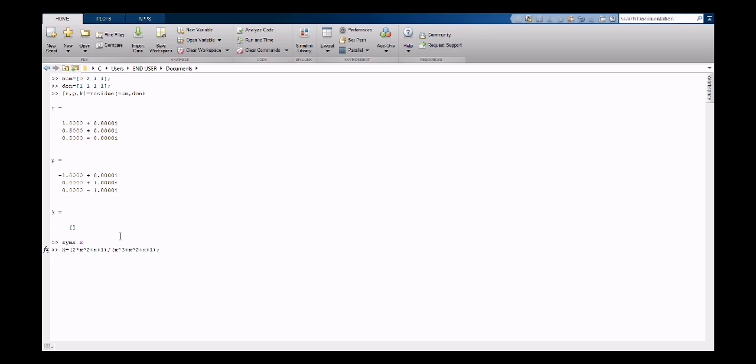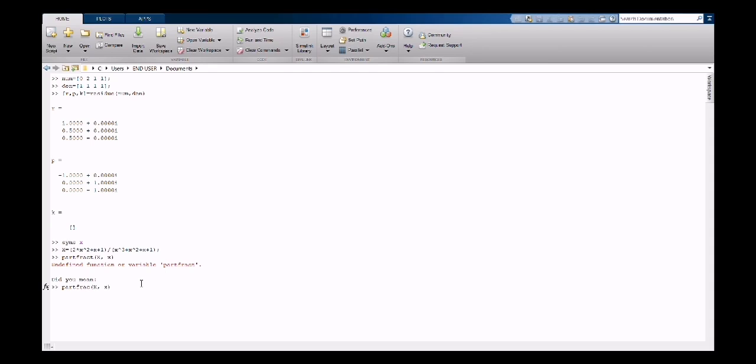Then 2x power of 2 plus x plus 1, x power of 3 plus x power of 2 plus x plus 1. Then we go to the partial fraction equal to x, and then enter.